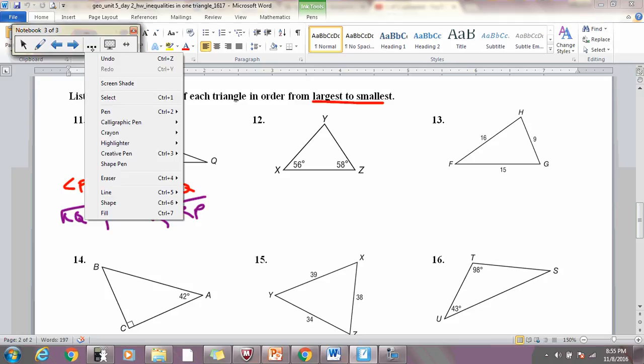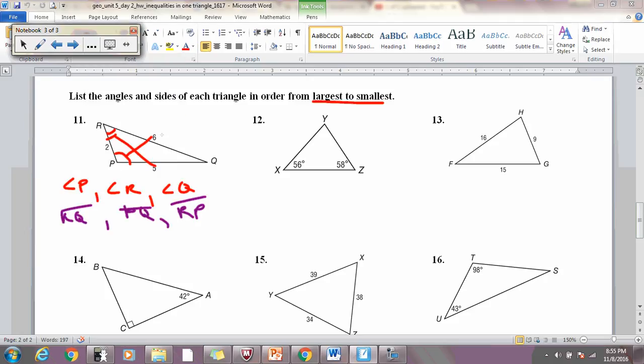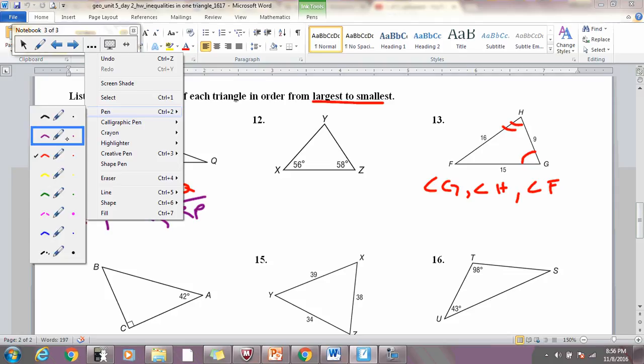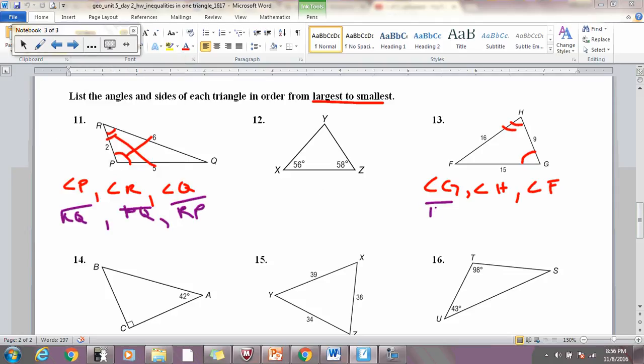On number 13, largest angle would be angle G. Then the next one is H. And then lastly, angle F. So that means side FH is the largest, followed by GF, and then HG.